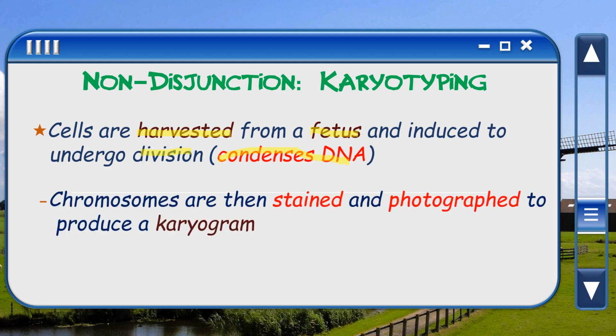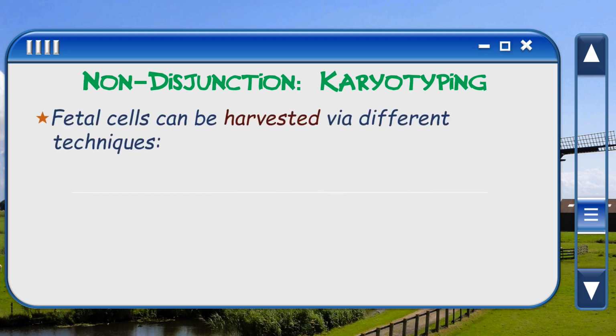The chromosomes are then stained and photographed to produce a karyogram. They are stained so that they are easily photographed, so that we can produce our karyogram.